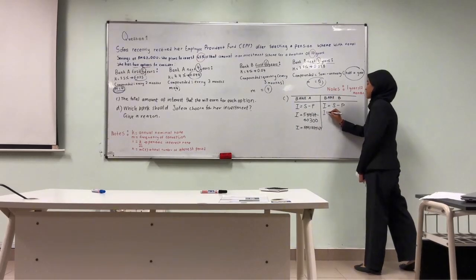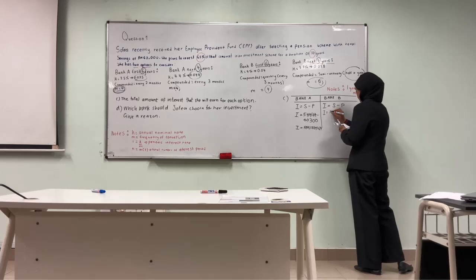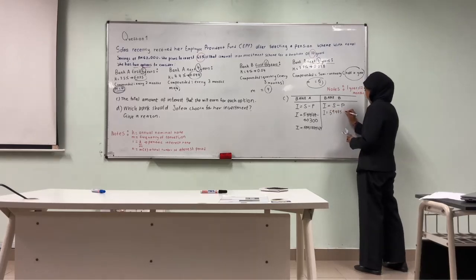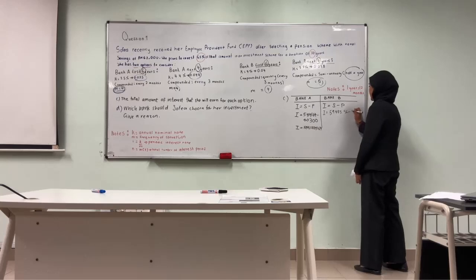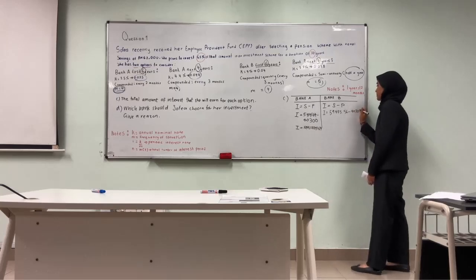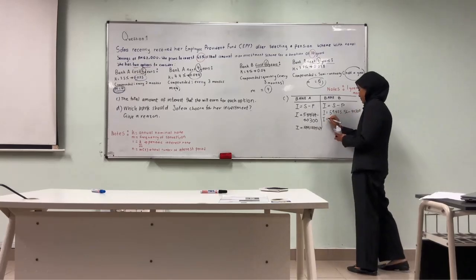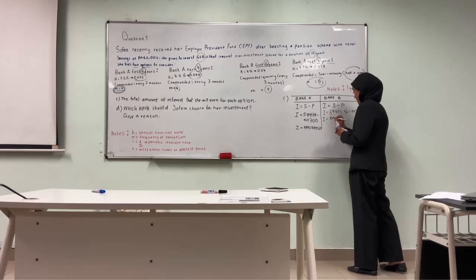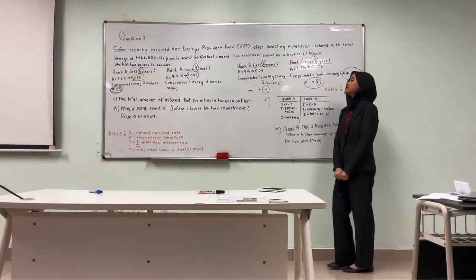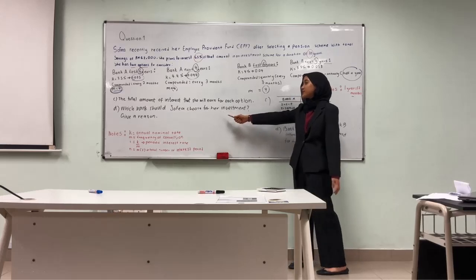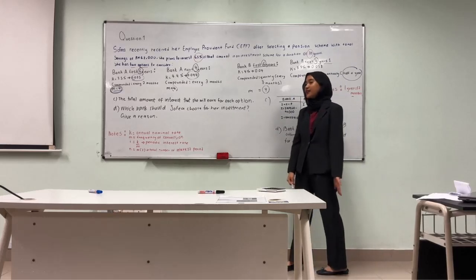Also for bank B, you are going to repeat the same step. I equals 59,485.56 minus 40,300. I is equal to RM 19,185.56. So for the question, which bank should Sophia choose for her investment, and give a reason?